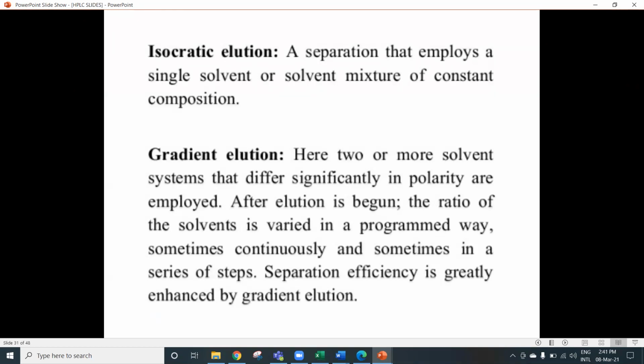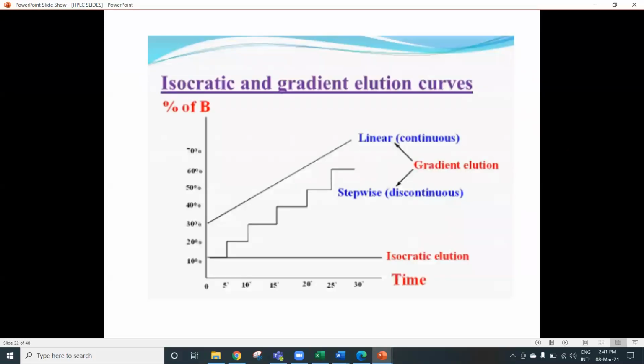It could just be methanol all through, or you could have a mixture of solvents. But in gradient elution, it's usually a mixture of solvents that are programmed at different time intervals to be delivered into the mobile phase. So this is your isocratic elution.